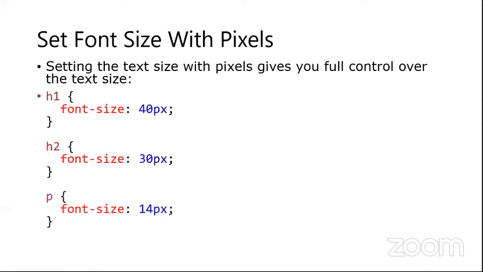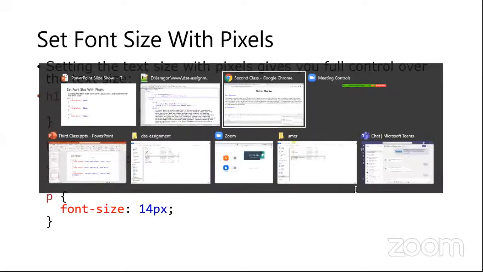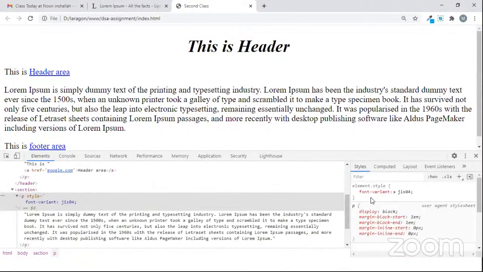So here is setting font size with pixels. Setting the text size with pixels gives you full control over the text size. So we can set the font size like 40 pixels, 30 pixels, and 14. It's up to us and our requirement.